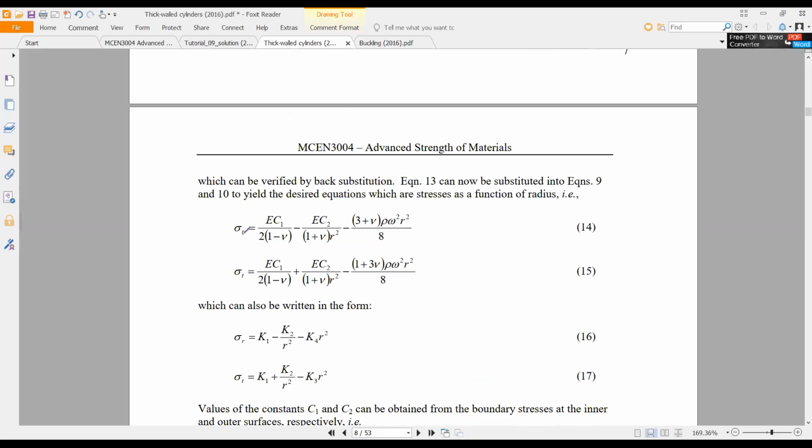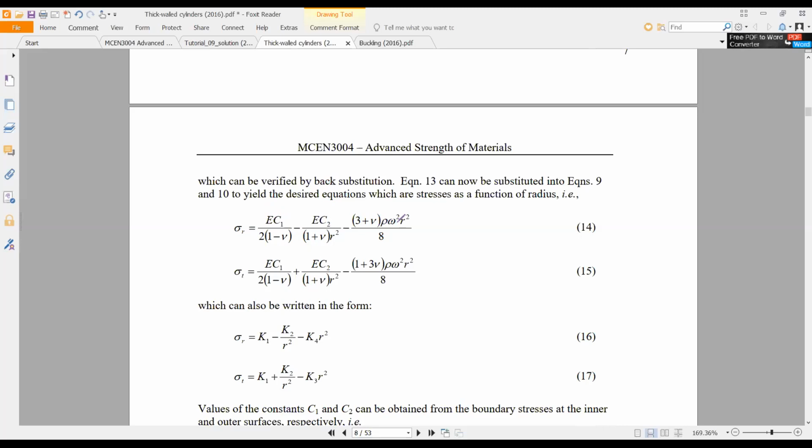You can see sigma r and sigma t. Then you can see an important thing in here: E and nu and C1, all the things are constant. In here also all the things are constant. Density is also constant, nu constant, material constants.